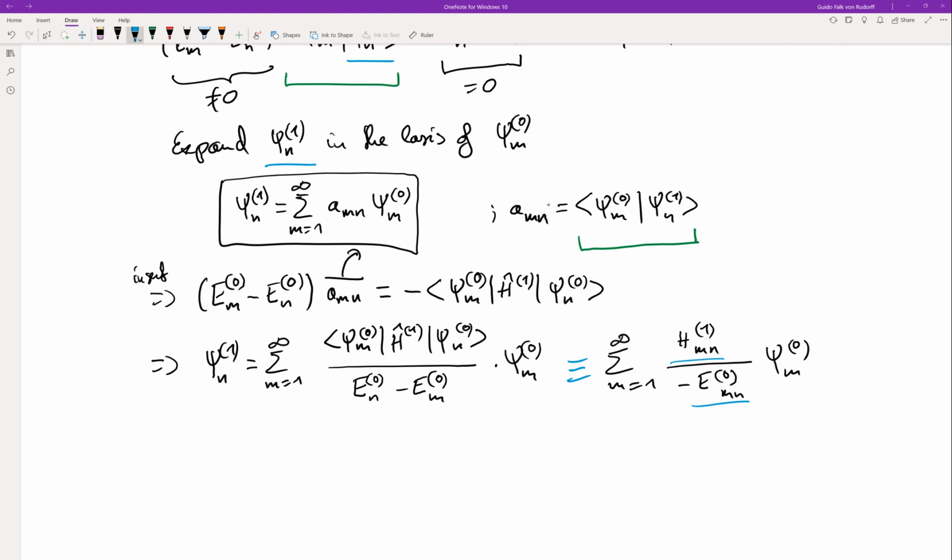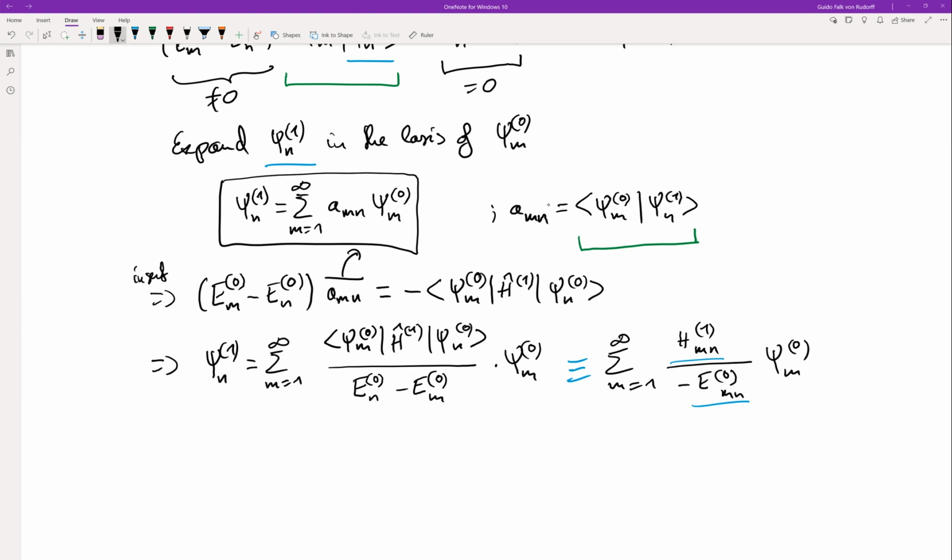Now you might ask, so what if we have n and m being the same in this picture? It's a summation over all m's, so this n is bound to appear.